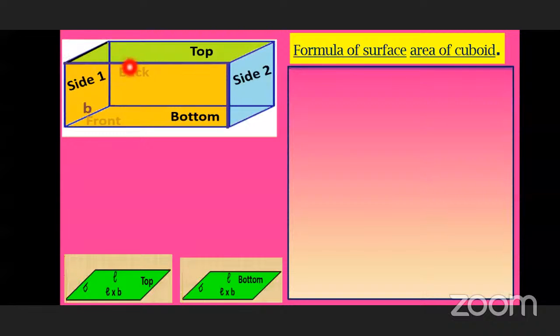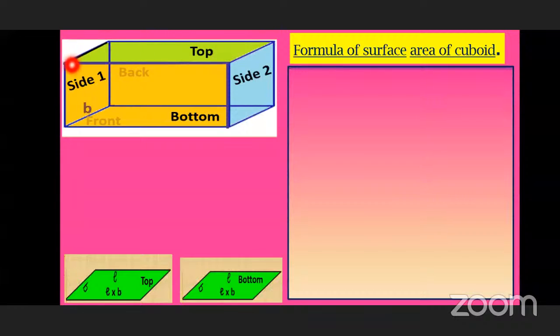We have seen the formula of a rectangle in our earlier sessions. So can anyone tell me what is the formula for the area of a rectangle? Length into breadth. Yes, very good. The formula of a rectangle is length into breadth.